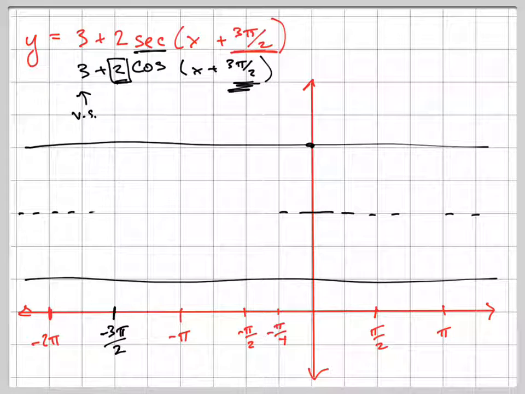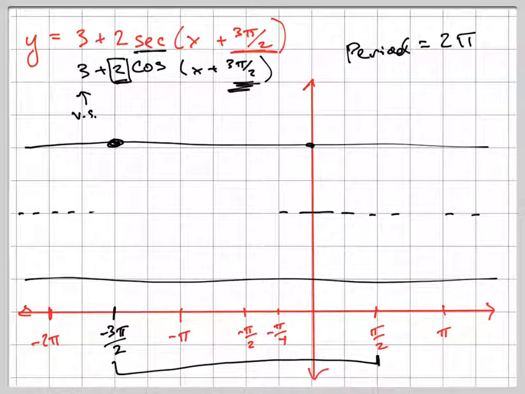It's going to start there on the top. What's the period for this graph? 2 pi. Yep, the period isn't any different than normal. So it's going to go all the way to positive pi over 2.